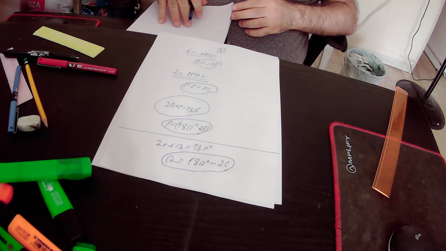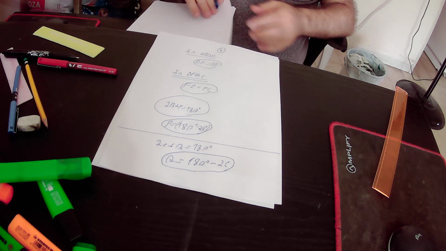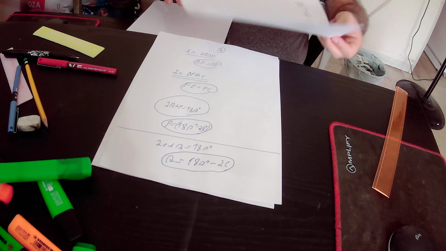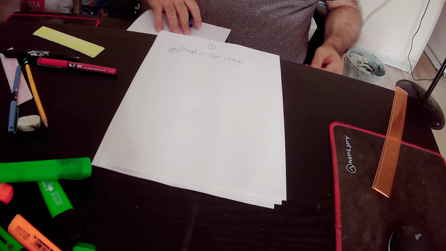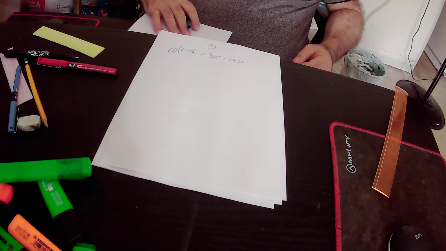Okay, so equation number 2 states that P plus Q equals 360 degrees minus 2B minus 2C.